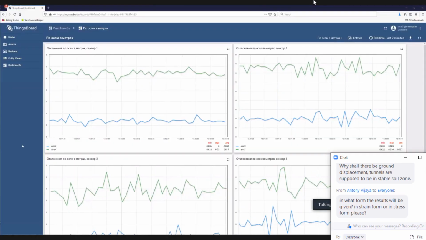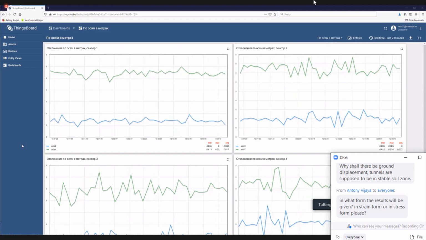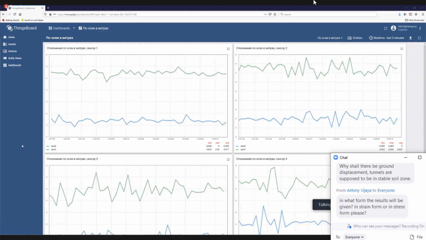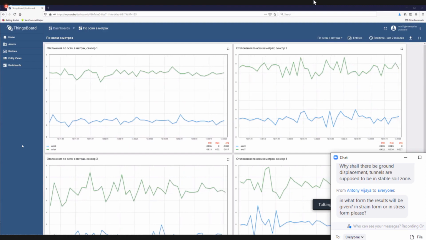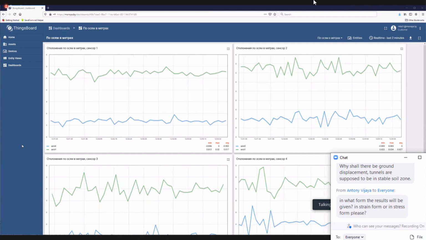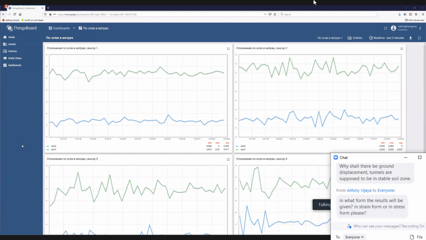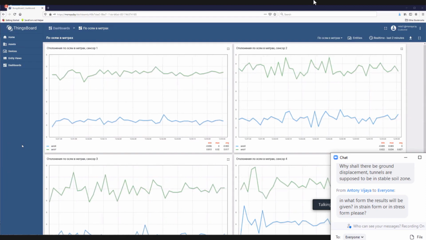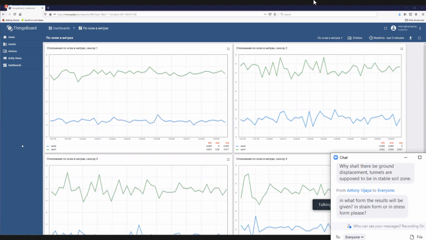We receive data through a cloud service which comes from Belarus. They have a 160 meter mast used for telecommunication, and we installed our sensors and receive data. This is just a sample of what information our customer can have.